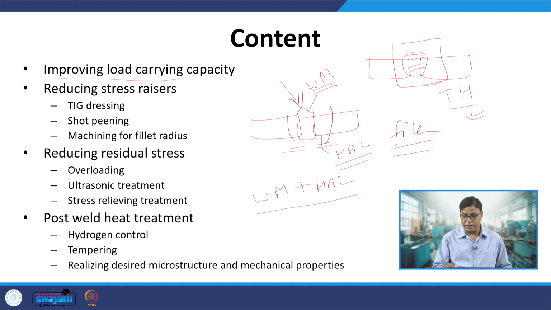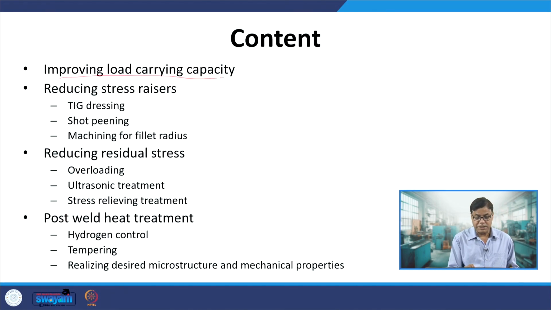If the failure is occurring from the base metal, then it does not bother us as far as the welding is concerned. Why? Because the base metal characteristics will be based on the design requirements. So, one aspect is, let us improve the load carrying capacity of the weld metal itself by choosing a suitable kind of filler.